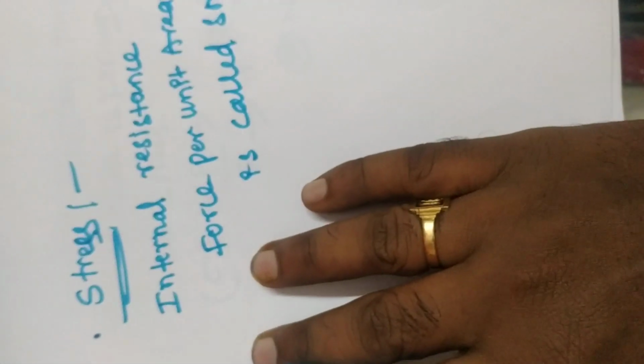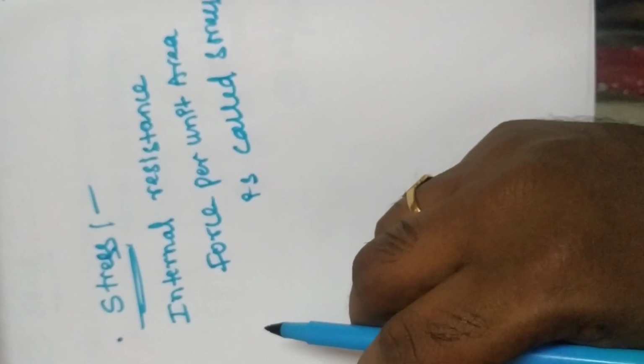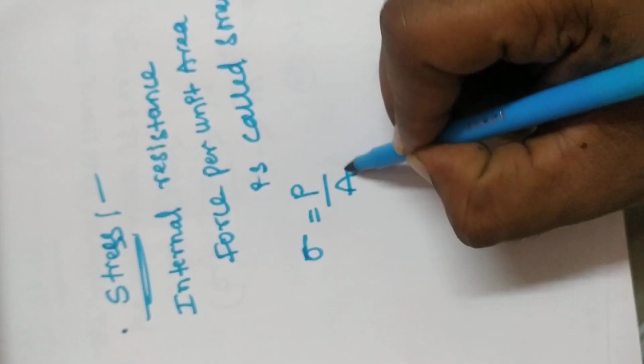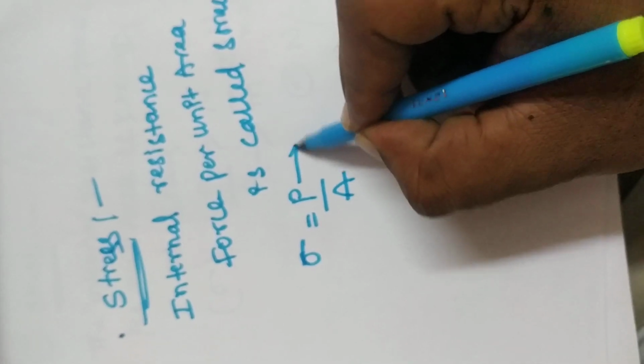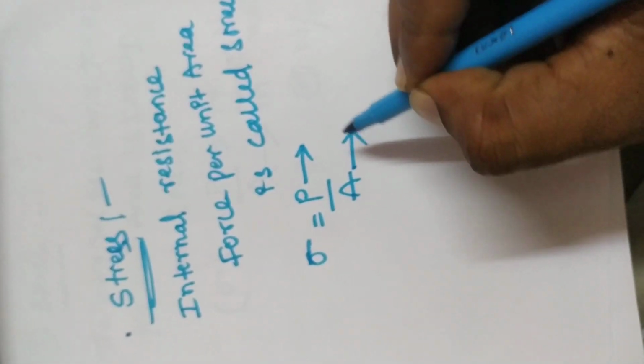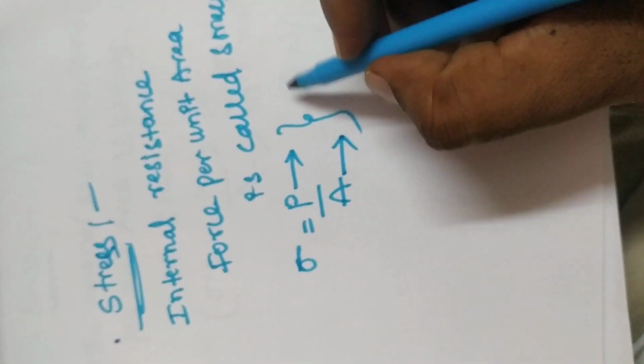What is the definition of stress? The internal resistance force per unit area is called stress. It is denoted by sigma, then sigma equals P by A. P means the internal resistance force, that means force or load, and A means area. So this is the mathematical formula.